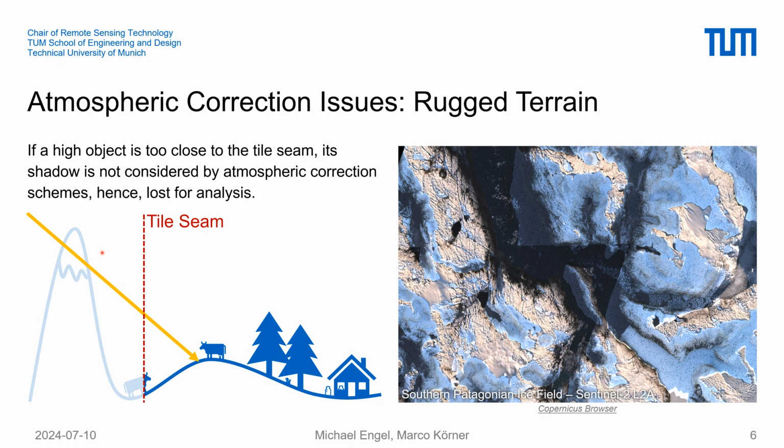In that scenario, the cow here would be considered illuminated, though it's actually not. If you have a look at the image to the right, it shows the effect using an example of the Southern Patagonian Ice Field. And again, we have a clear cut in the terrain shadow corrections, and there definitely should not be.